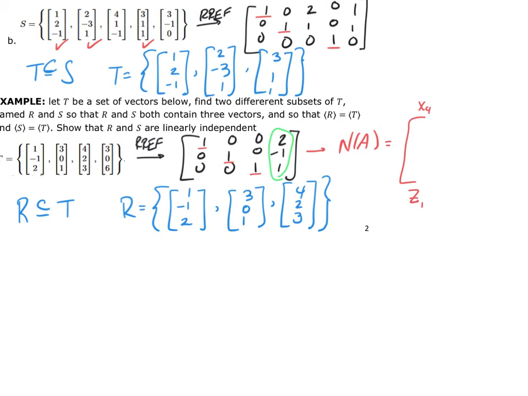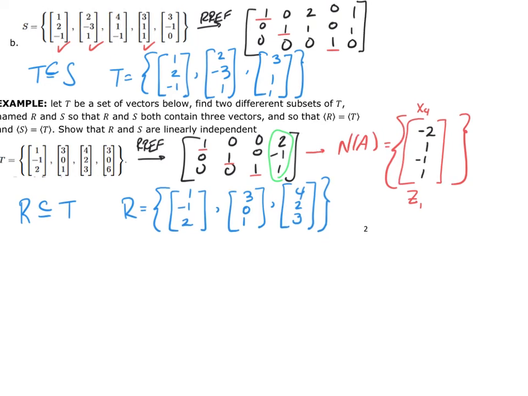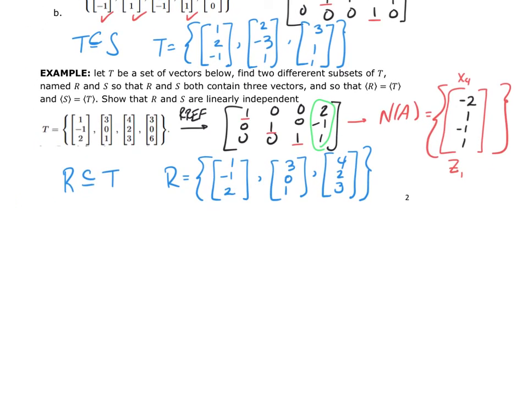So my entries are going to be -2, then 1, then -1, and then 1. So that is the linear combination that I'm going to use.